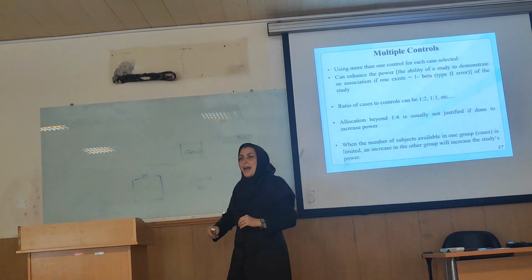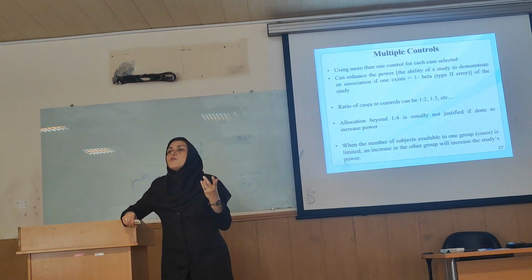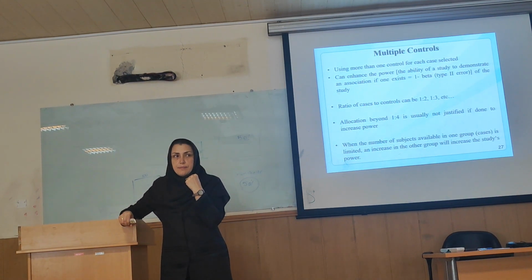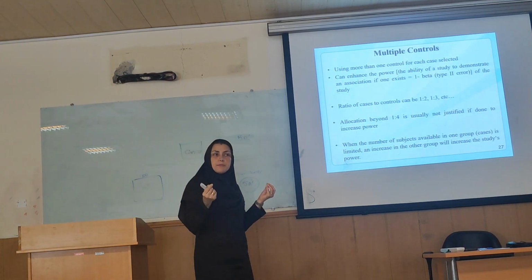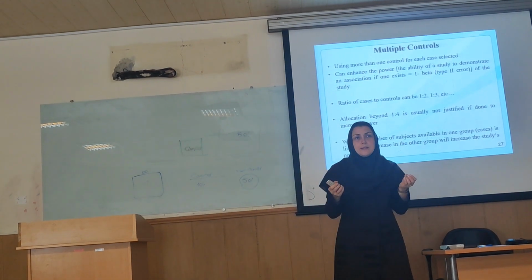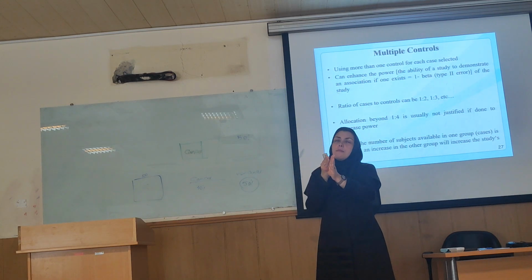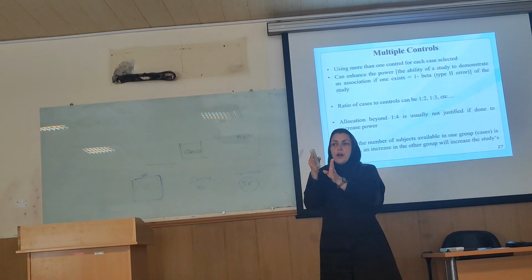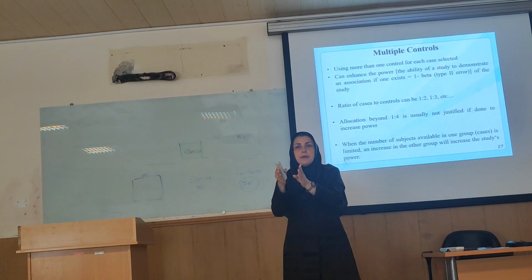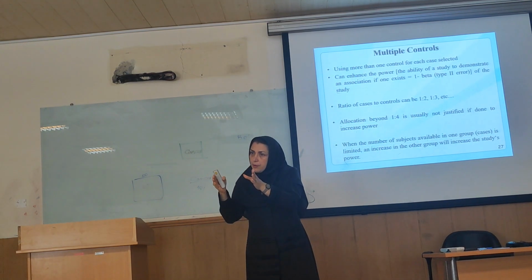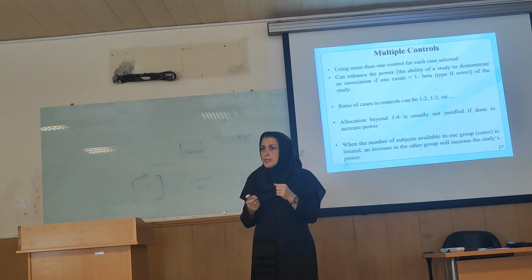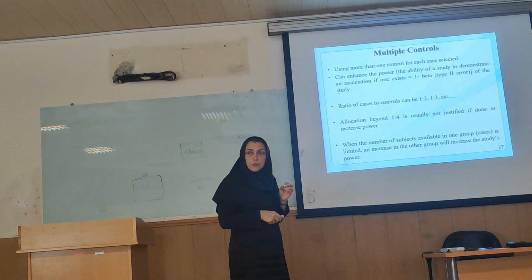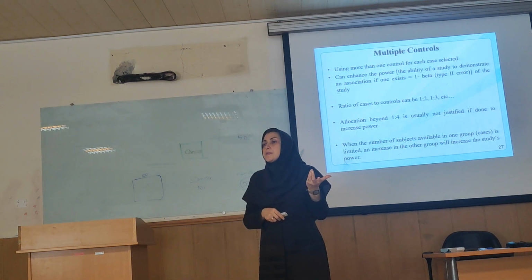Sometimes we have different types of controls for each case. I told you the number of controls per each case, yes? But sometimes the type of controls might be different. I mean one control from, for example, friends, one control from family member, one control from neighborhood, and one control from hospital, for each case. It is multiple controls with multiple types.